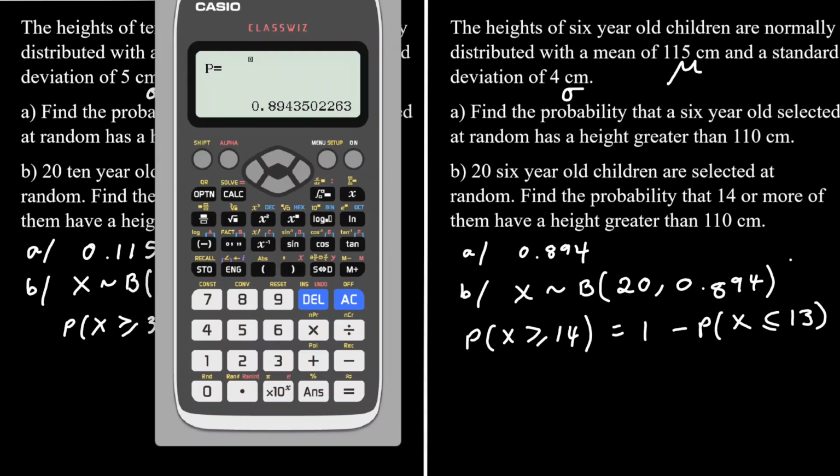So I'm just going to type this in, going to binomial cumulative. For a variable, X is 13, N is 20, and I'm using my last answer, 0.8943. So I've got 3.27 times 10 to the power of negative 3, 0.00327.